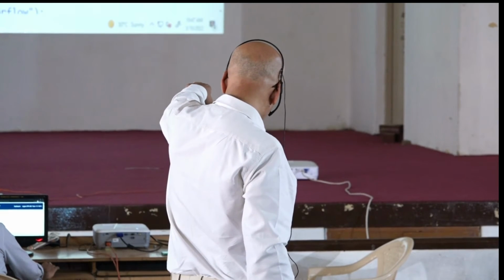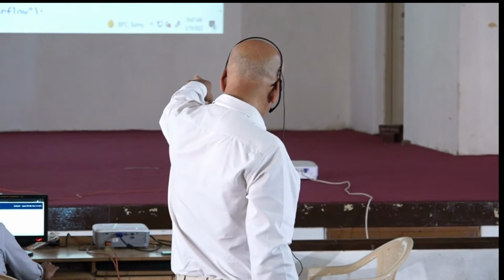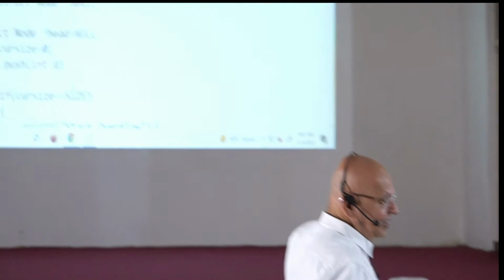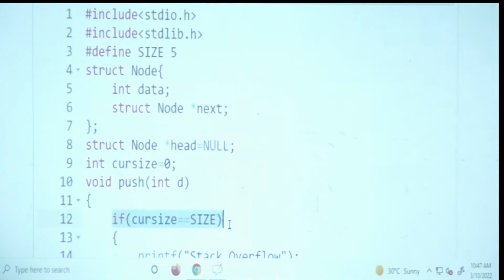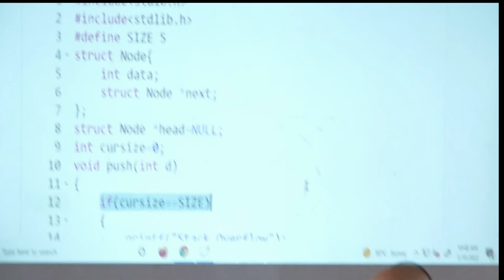So after the pre-compiler, line 12 will look like if cur_size equal 5. That is called pre-processing by the pre-compiler. Pre-processing means before the compiler even looks at it; the compiler will never see SIZE. Are you with me? The compiler will only see 5. So no memory has to be allocated. 5 is not a variable.